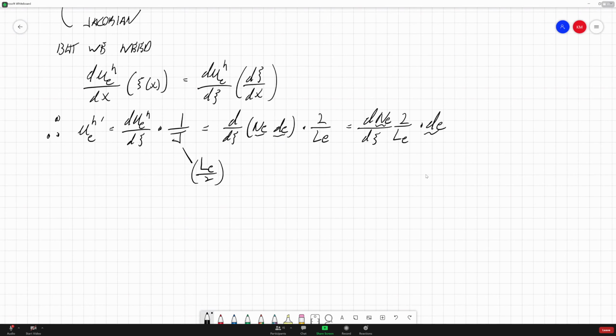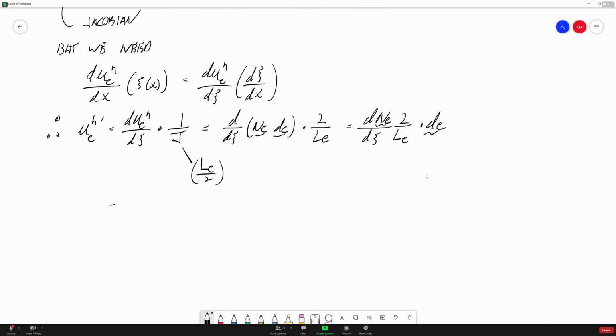Excuse me. And this narrows down to another matrix, dNi/dpsi. So remember our shape function, dN2/dpsi, times 2/L^e times d^e.